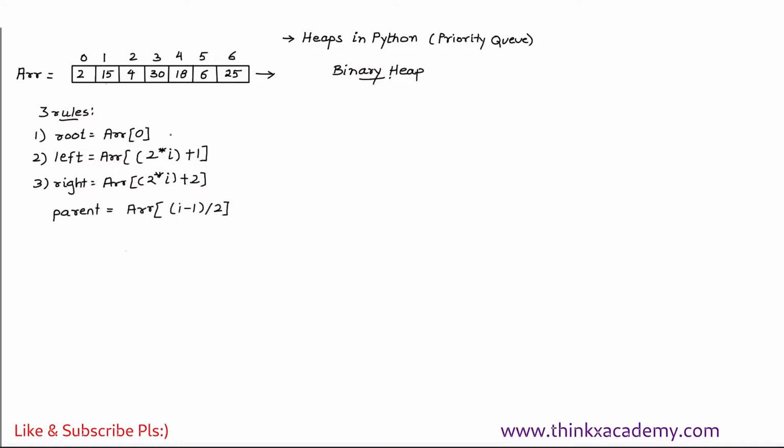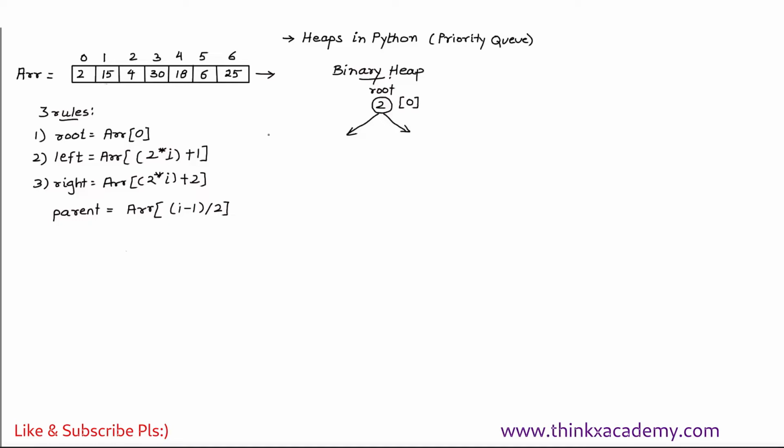Alright, so now let's use these three rules to construct this binary heap. The root of this binary heap is going to be 2, because that is the first element of the array. Here I am also going to write that this is the root, and I will write the position in square brackets, so this is 0. Now let's see how to get the left and right child nodes of this binary heap. To get the left child, we have this formula: 2 multiplied by i plus 1, where i is the position of the ith node.